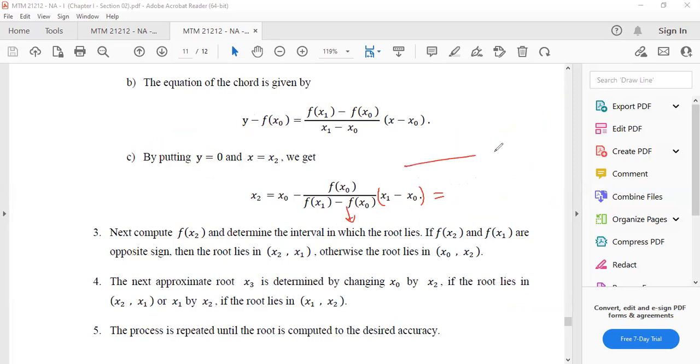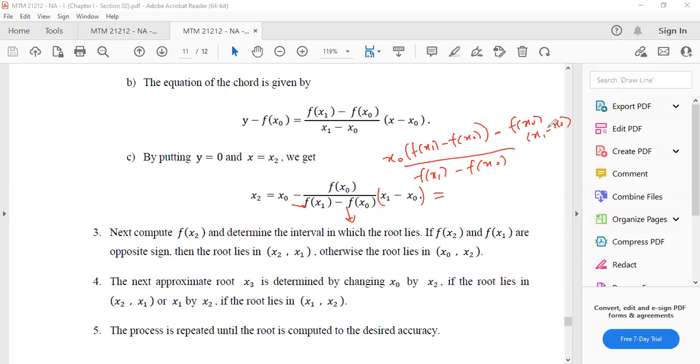For example, if I take my denominator, let's say f(x1) minus f(x0), and cross multiply, what do you have? x0 times (f(x1) minus f(x0)) minus f(x0) times (x1 minus x0). Can you simplify further?